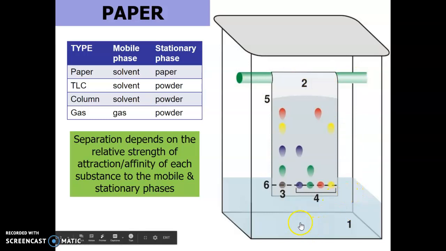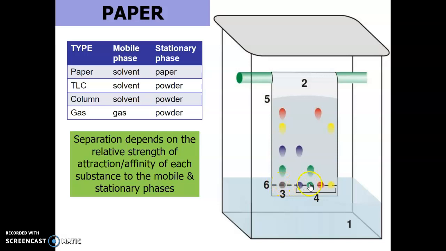Now, the level of the solvent must be lower than this dotted line here. We'll come to that dotted line in a minute. Now, 3 is where you put a spot, as small a spot as possible, of your unknown substance that you're going to investigate.